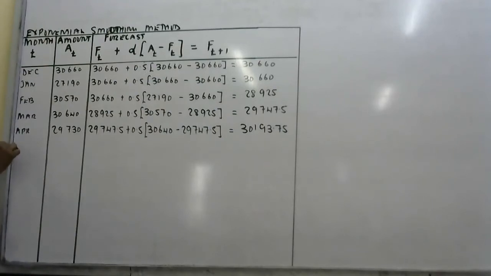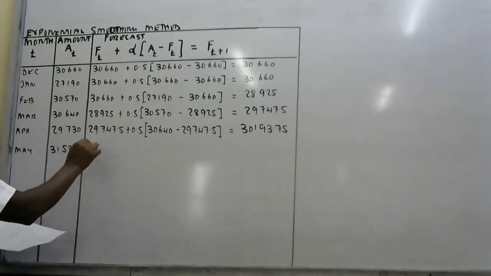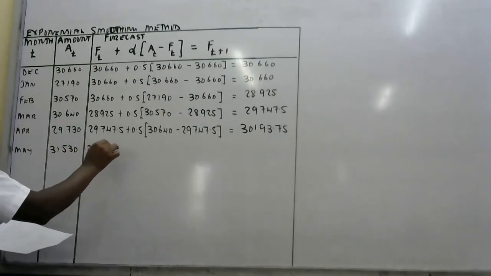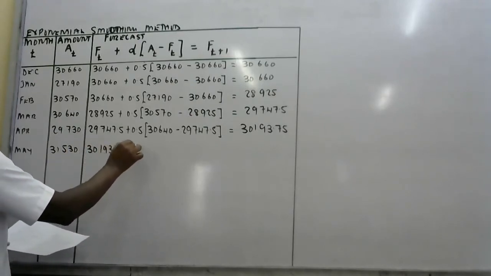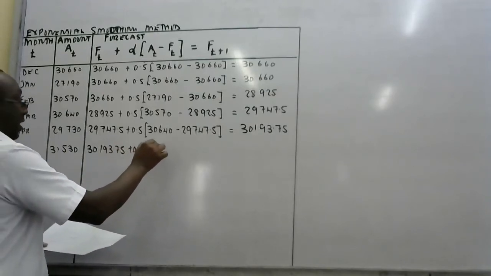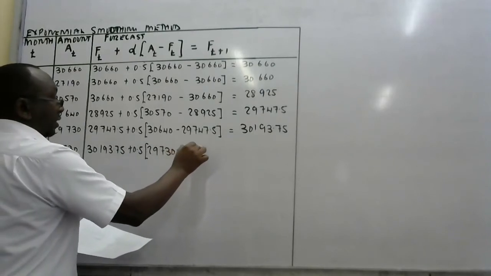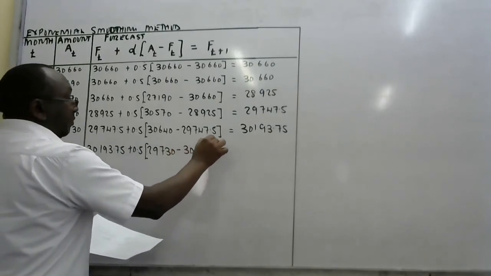Then we go to May. May, the value is 1,530. So we will take 3193.75 plus 0.5. Actual is 29,730 minus 3193.75.